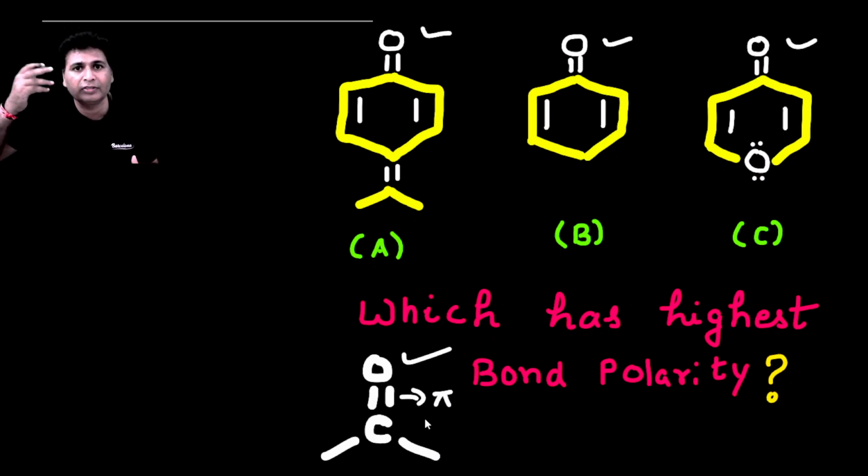And if it shifts with higher tendency, the bond polarity will be more. So first we are going to make that structure after shifting the pi bond, and then assess its stability. I will start with A, then we'll go to B, and finally to C.